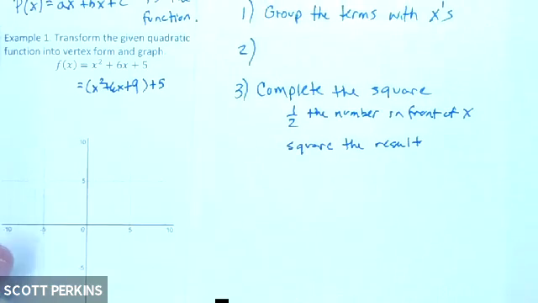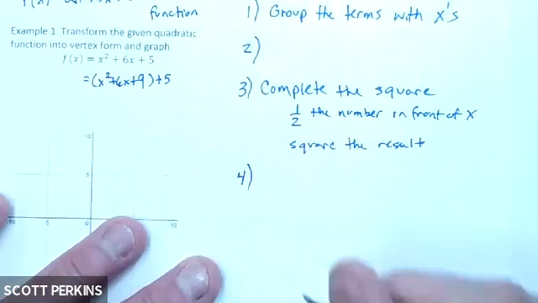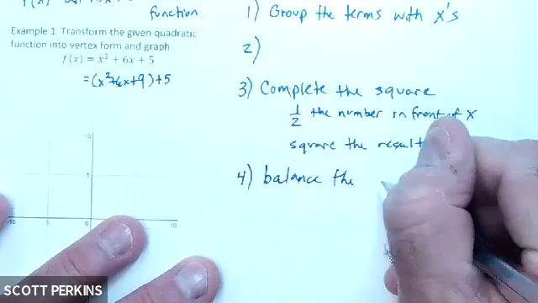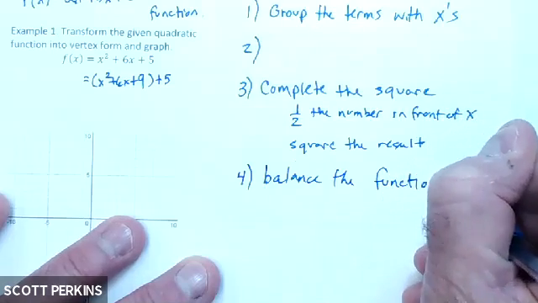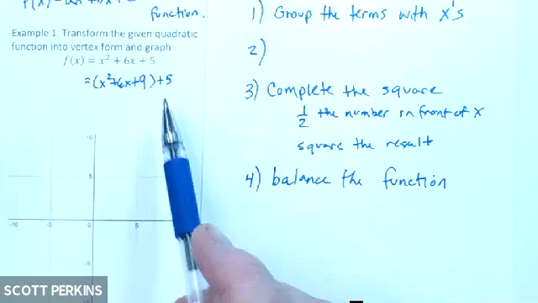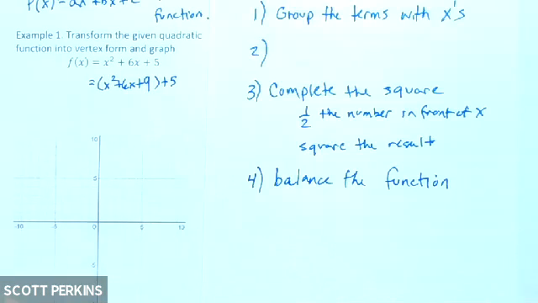The last step in completing the square, or the last step in doing this, is balance the function. What I mean by that is in my function, I've now added a 9 inside the parentheses. I've changed the function. It's now different. So I have to balance it out.